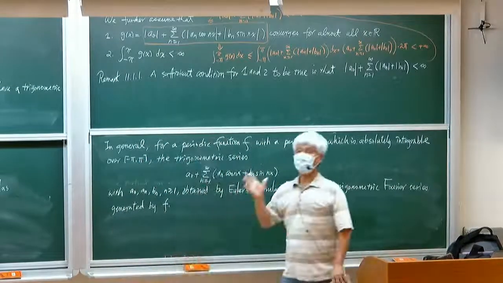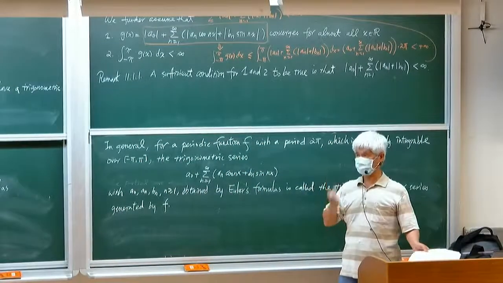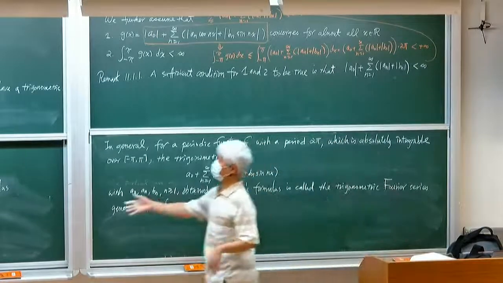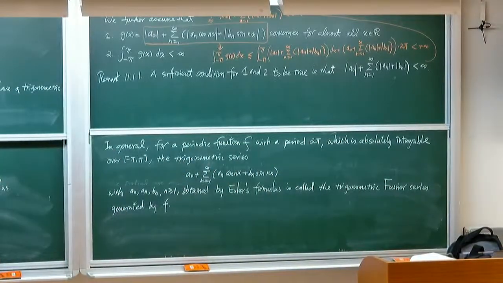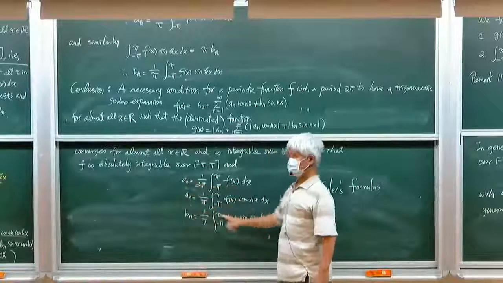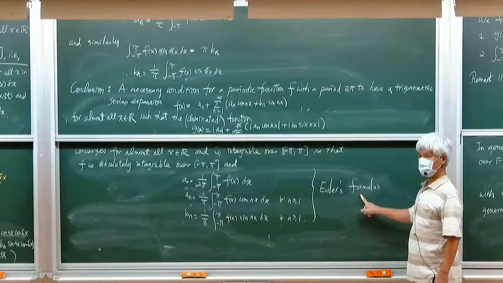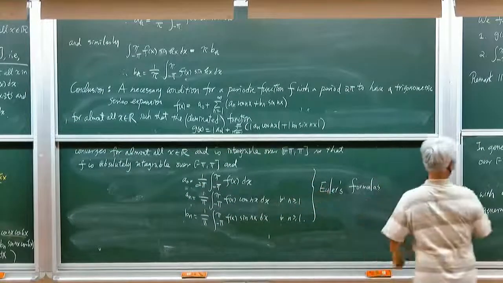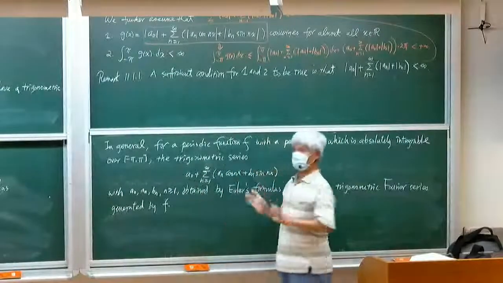So once f is absolutely integrable, then we can evaluate those constants by Euler's formulas, and use these constants to construct a trigonometric series.